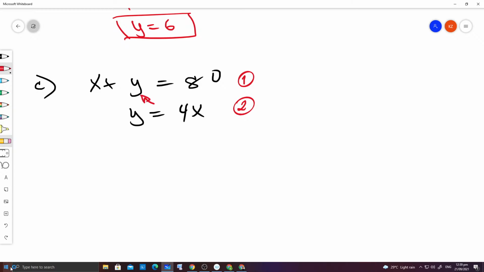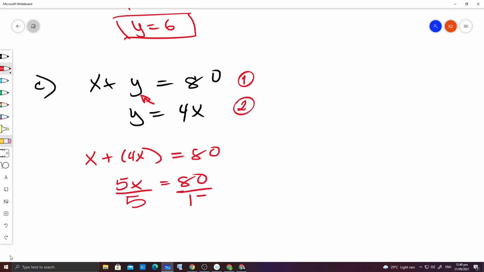So we can substitute it to the first equation. So x plus 4x equals 80. So we have 5x equals 80, over 5, over 5. So x is equal to, how many is this? 80 divided by 5, 16.